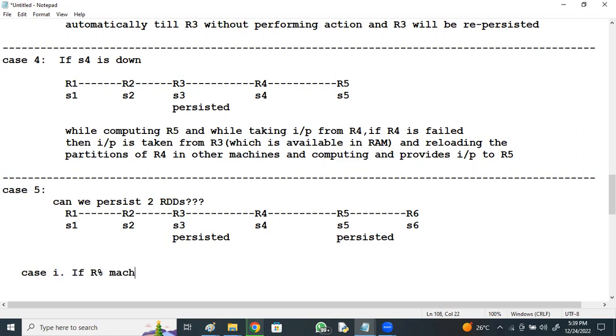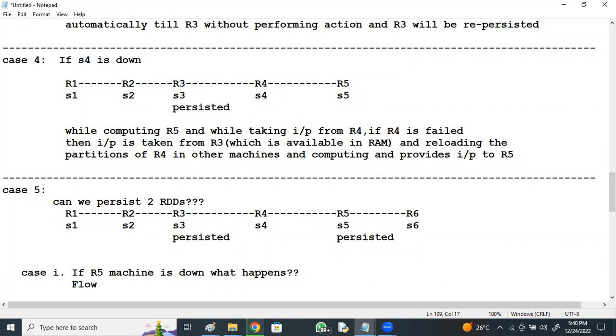In this case 5, again it's like case 1. If the R5 machine is down, what happens? It starts from R3.